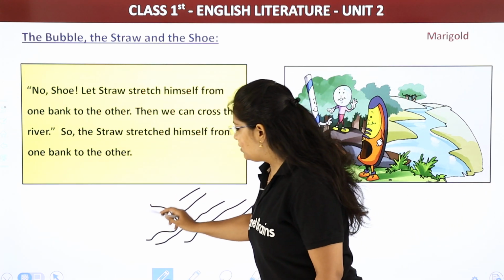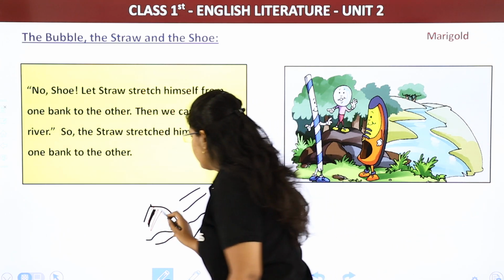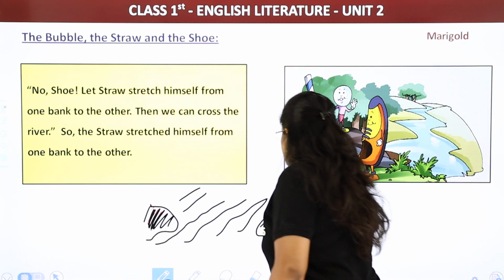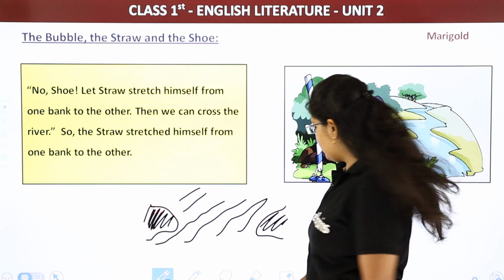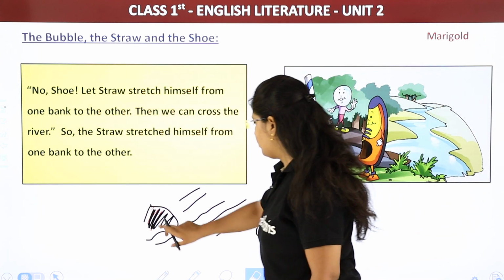So this is your land, है ना? This is your land.